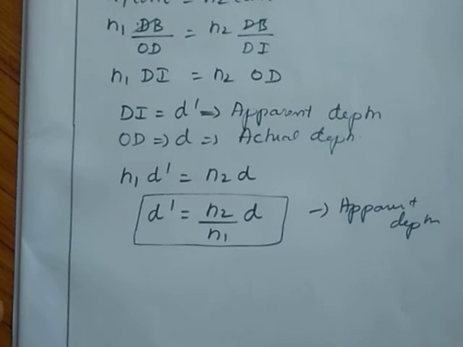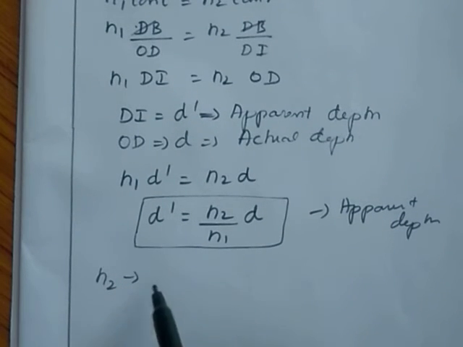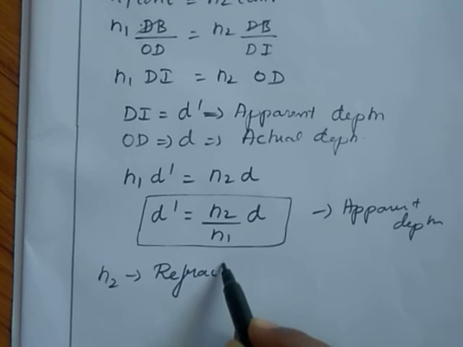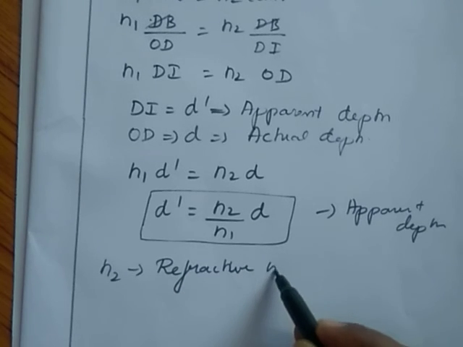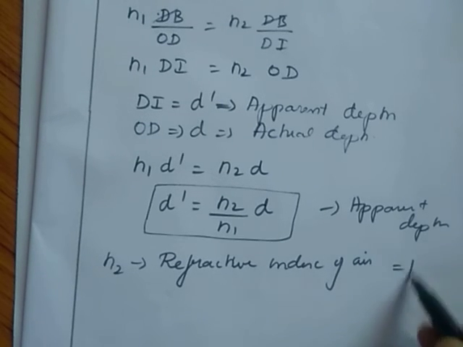We know N2 is the refractive index of the second medium. Here the second medium is air, so the refractive index of air is equal to 1.